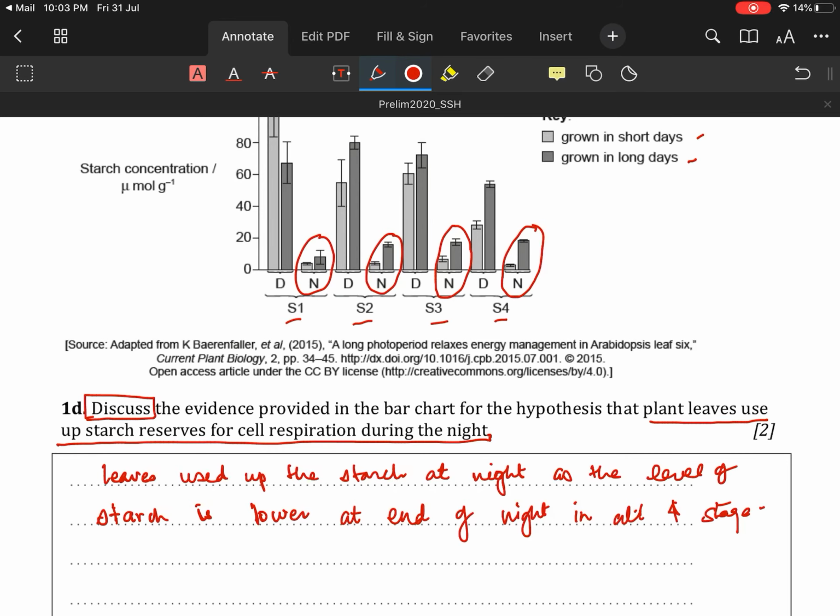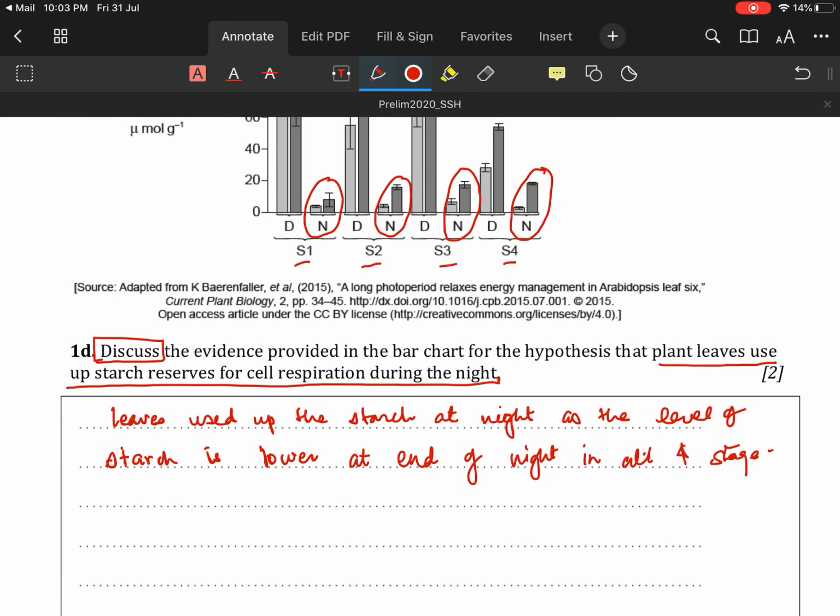Comparatively, if you compare it with the daytime. So this is one of the evidence. Yes, the starch concentration is low.